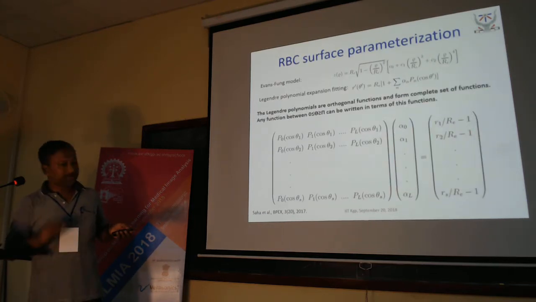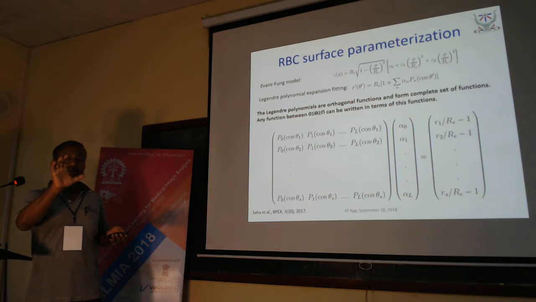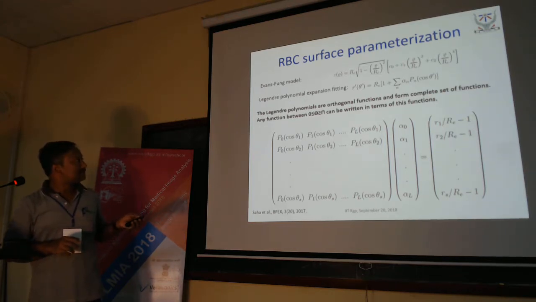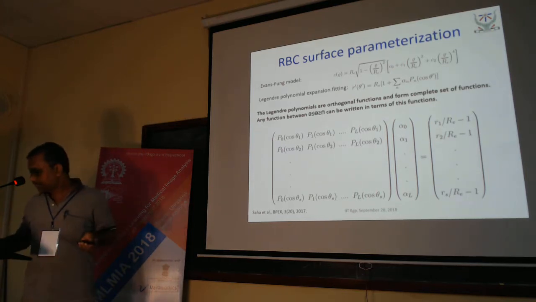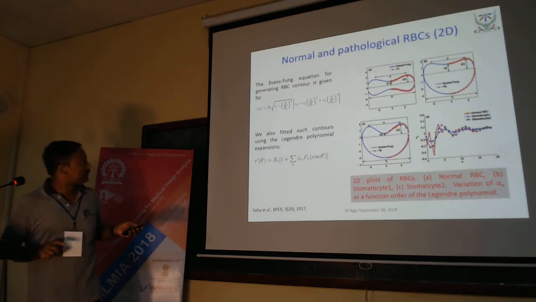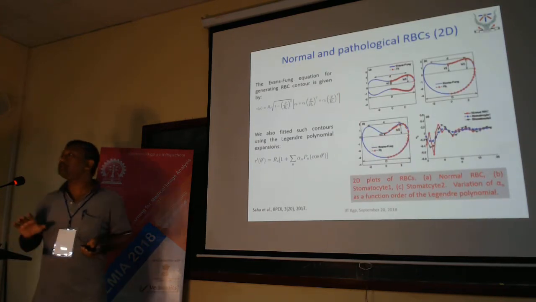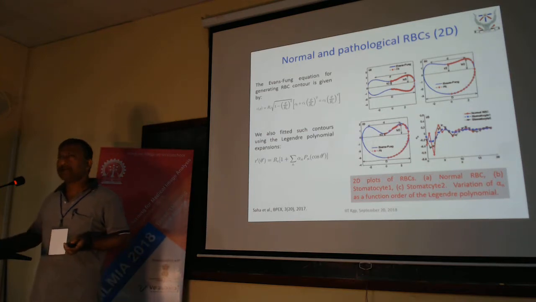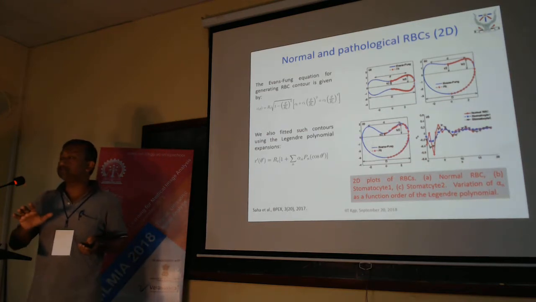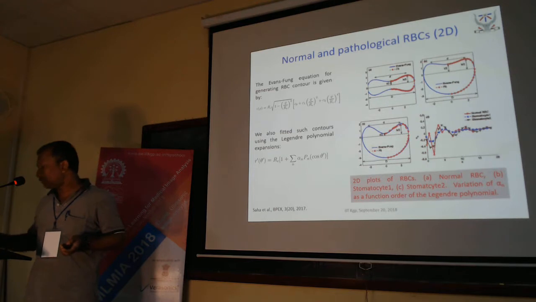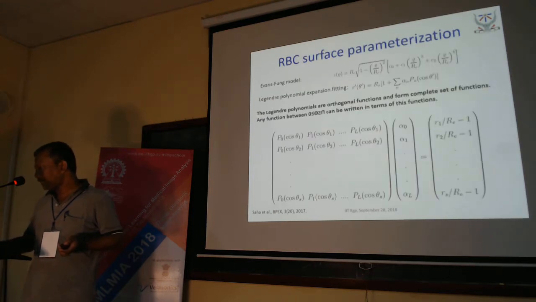You have angular radial distance at different angular locations, and these are the Legendre polynomials, and you go up to, in this case, if you see that this is an infinite series, but people have shown that if you take summation up to a certain number of terms, that will give you an accurate estimation.